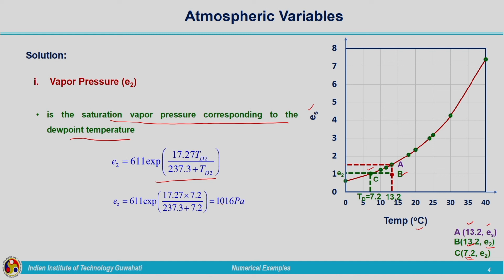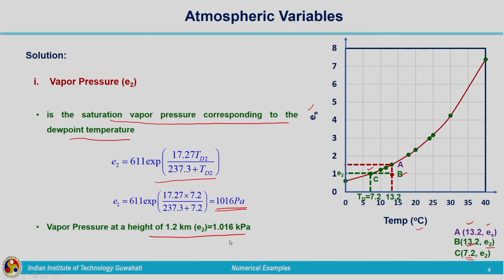We can calculate the value E2 as 1016 Pascal. That will be 1.016 kilo Pascal. So, vapor pressure at a height of 1.2 kilometer, E2 is equal to 1.016 kilo Pascal. So, again I am repeating, the curve will give you saturation vapor pressure.